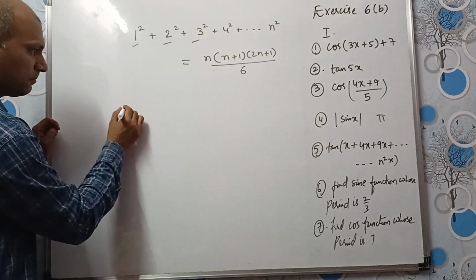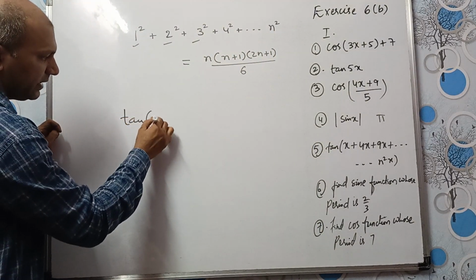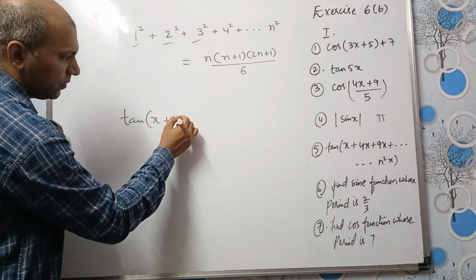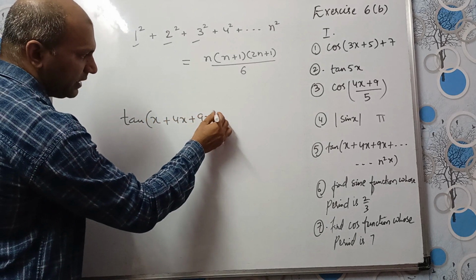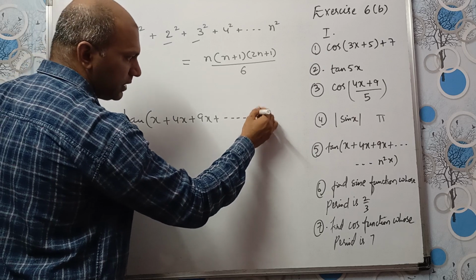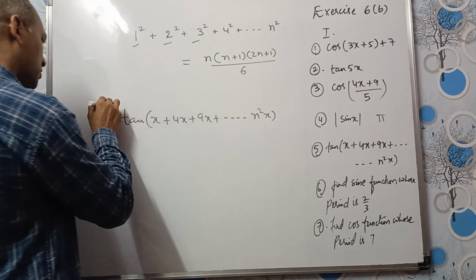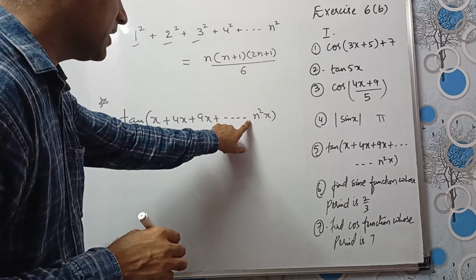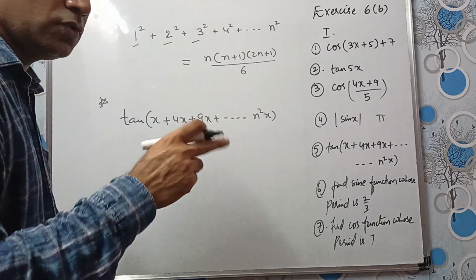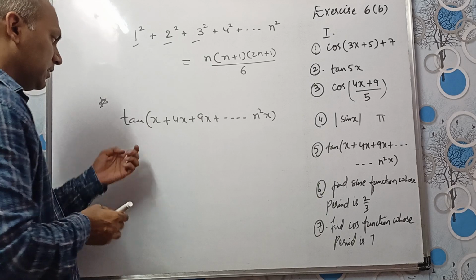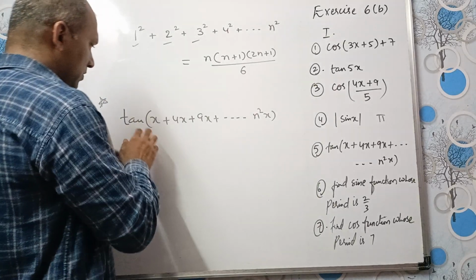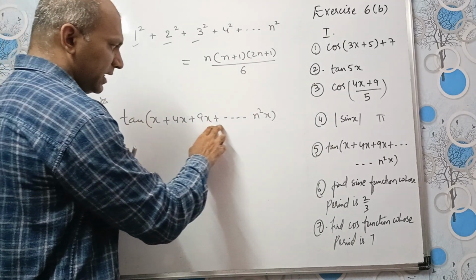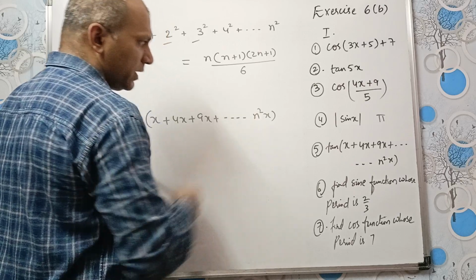See, fifth problem: tan x plus 4x plus 9x and so on up to n square x. See, this problem is very important. Okay, many times in the exam this problem was asked for 2 marks. Alright. Okay, let us solve this. tan of x plus 4x plus 9x and so on up to n square x.